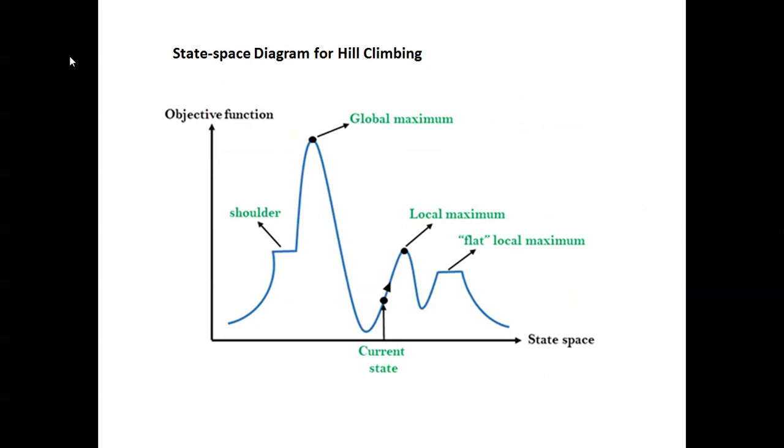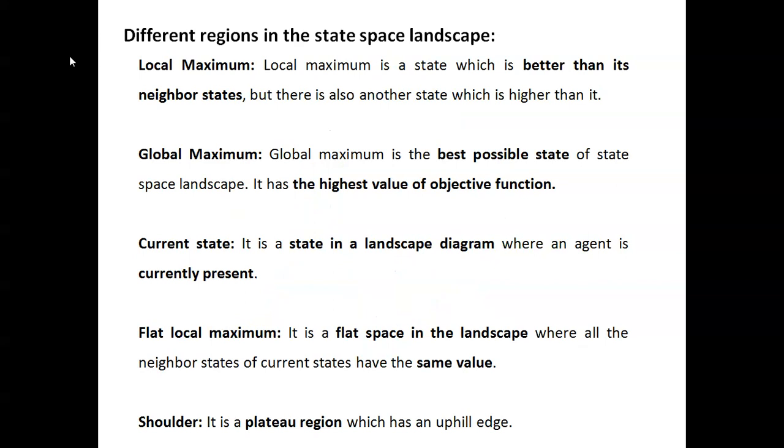State space diagram for the hill climbing algorithm, which we just discussed: x-axis state space, y-axis objective function. It shows how the search is going: global maximum, local maximum, current state where the agent is present, and flat local maximum. These are different regions in a state space landscape.